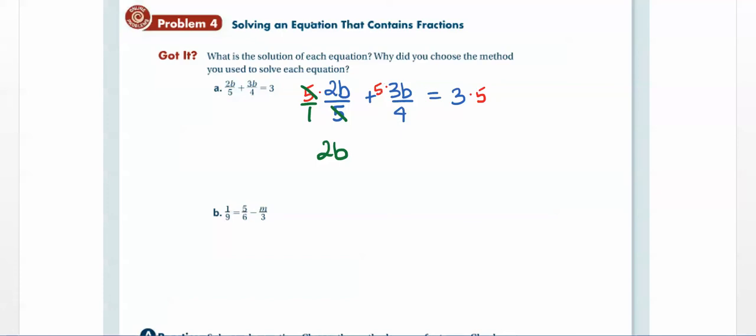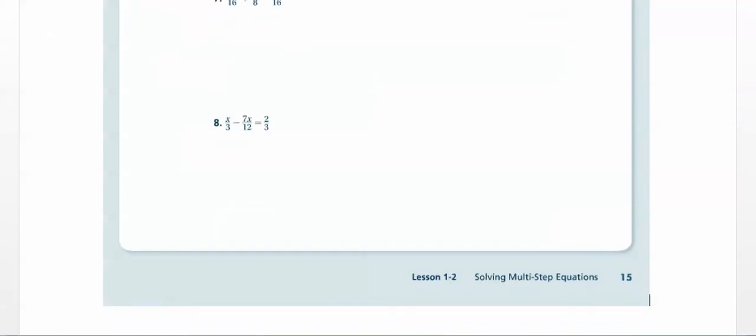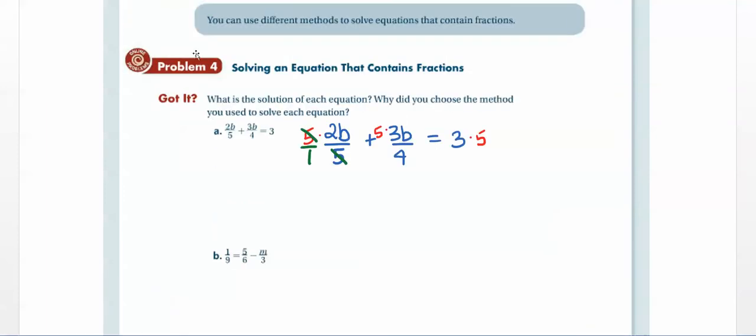Okay, well, let's think about a different number besides 5 that would cancel out the 4, but it would also cancel out the 5. Is there such a number that I could multiply everything by that would cancel out 5 and 4? There is. It's the LCD, or the lowest common denominator.